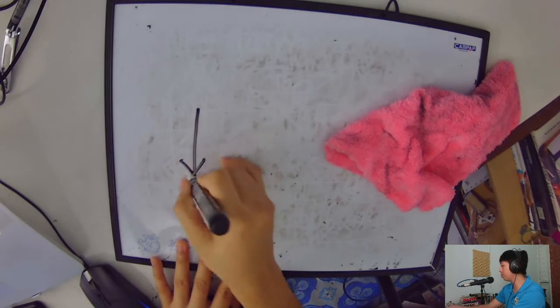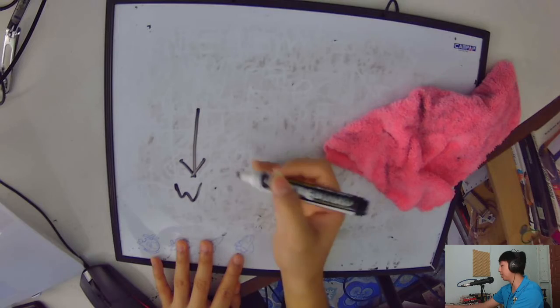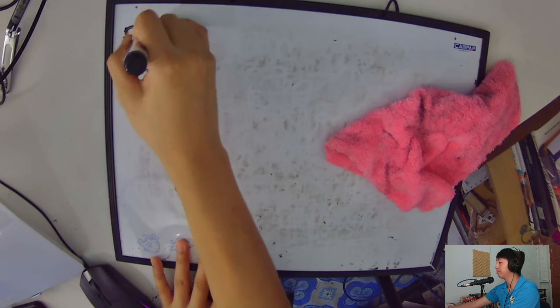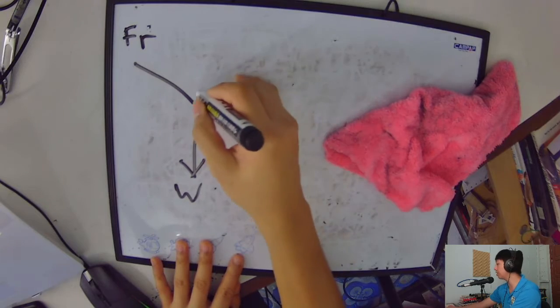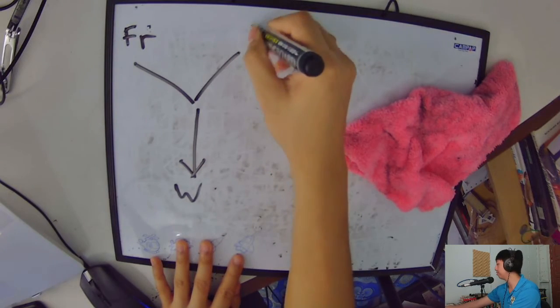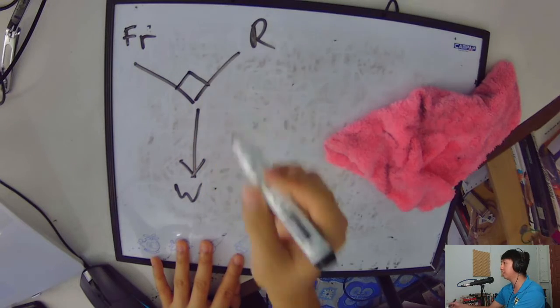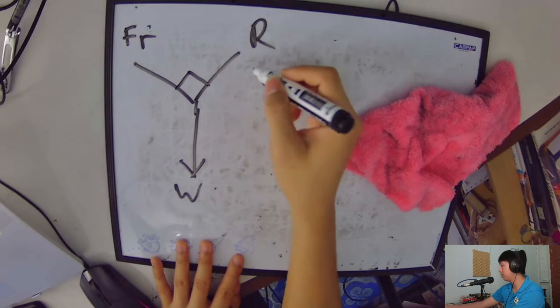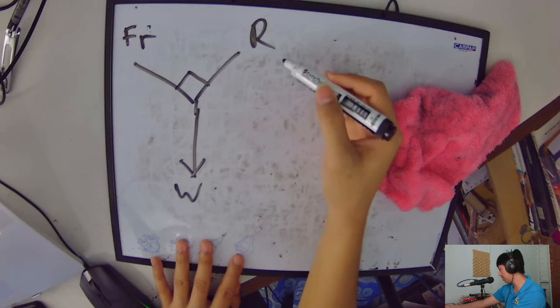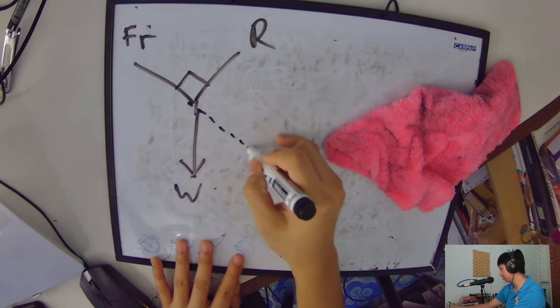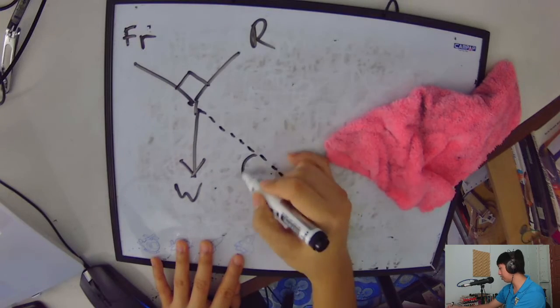Weight of the box is W going down. Frictional force is going this way, and reaction force is going this way, roughly, with a 90-degree angle between frictional force and normal reaction force, plus an incline of 40 degrees.